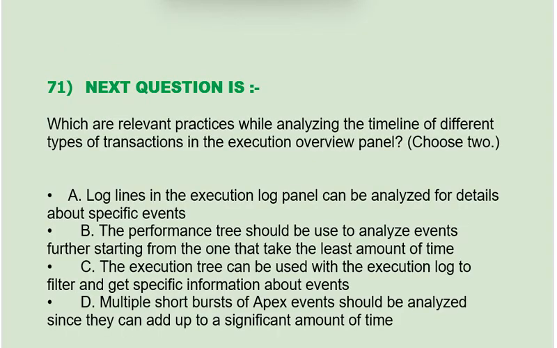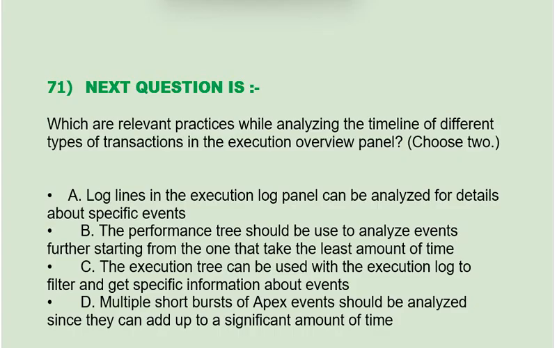Question: Which are relevant practices while analyzing the timeline of different types of transactions in the Execution Overview panel? Choose two options. Option A, log lines in the Execution Log panel can be analyzed for details about specific events. Option B, the Performance Tree should be used to analyze events starting from the one that takes the least amount of time.